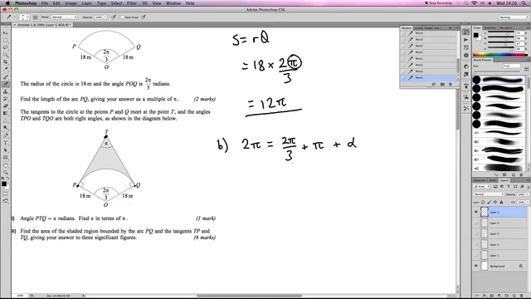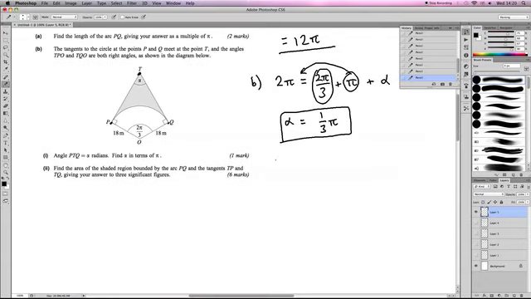So all I need to do now is just rearrange it and find alpha. So alpha is going to be, if I move this over, that's going to be a pi. So all I'm left with is essentially 1 pi minus 2/3 pi, which must be a third pi. And there we are. Don't try to do it as quick as me, just think about it in your head and use your calculators. That's it.